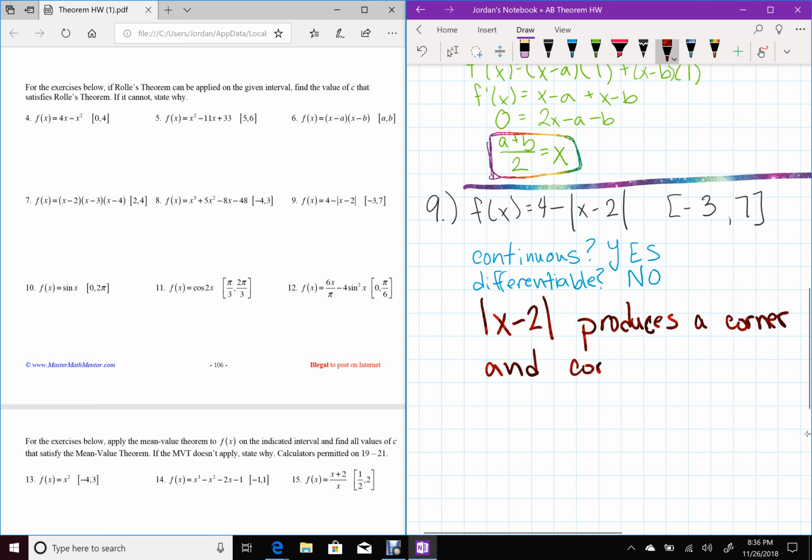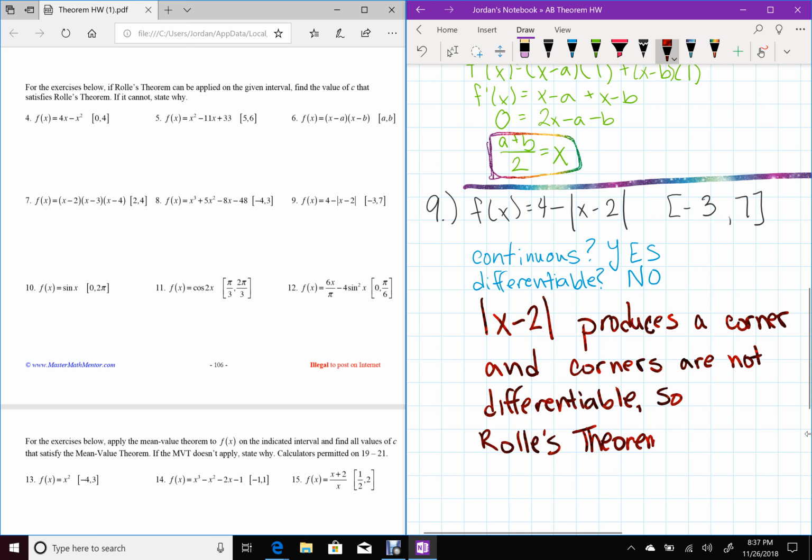And corners are not differentiable, so Rolle's theorem cannot be applied. And that's it for number 9.